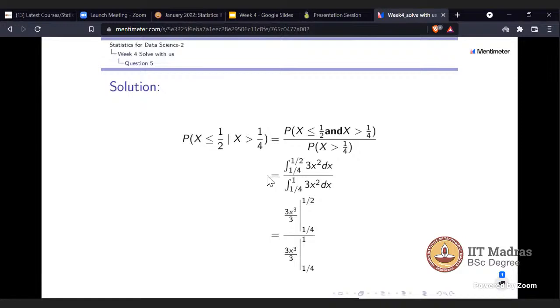Sometimes X is in between minus 1/2 and 1/4, sometimes it is only greater than 1/2. So you will have to use the formula and just check the limits properly. The basic thing required is to check the limit. The error-prone zone is this limit, right? Yeah, right. Okay, thank you.